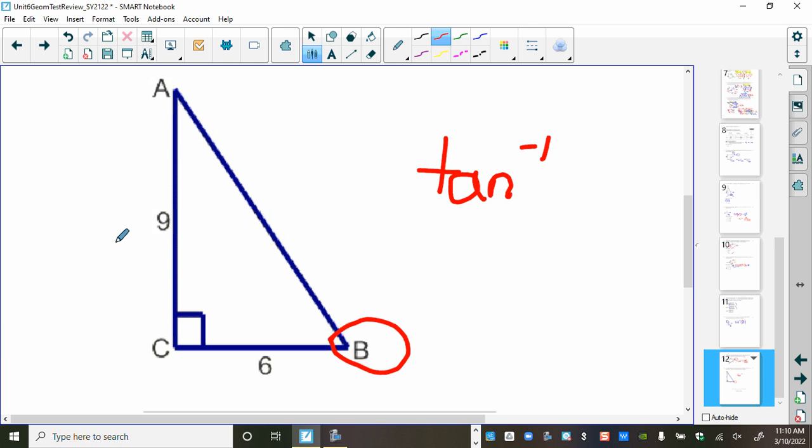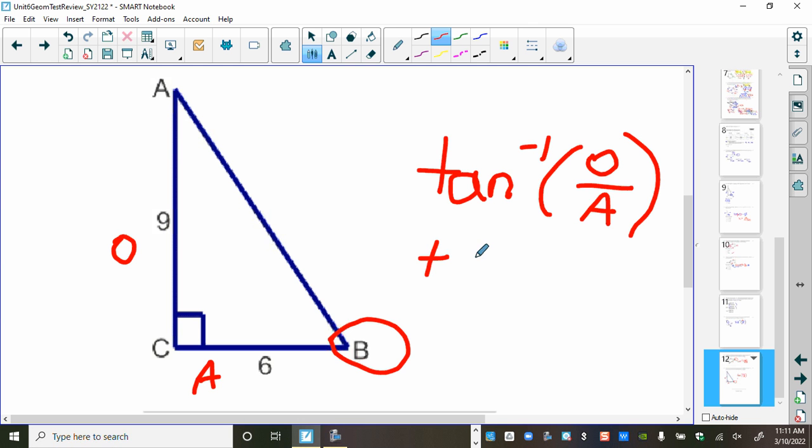So remember, opposite, adjacent. So it's a tangent, or inverse tangent, 9 over 6.